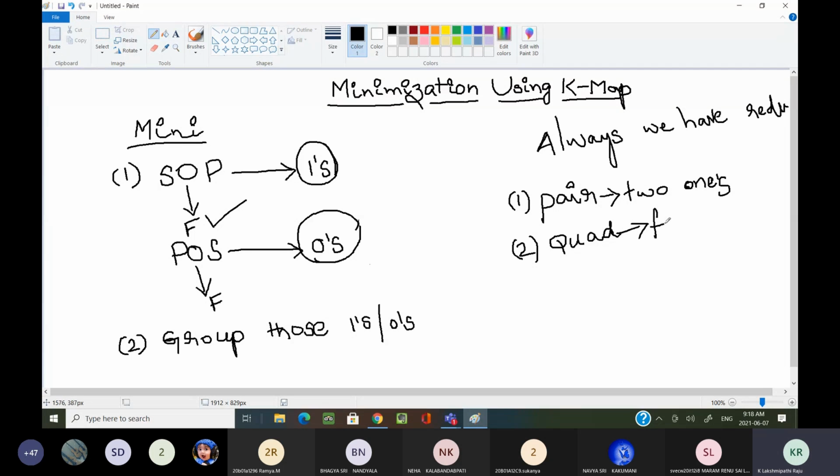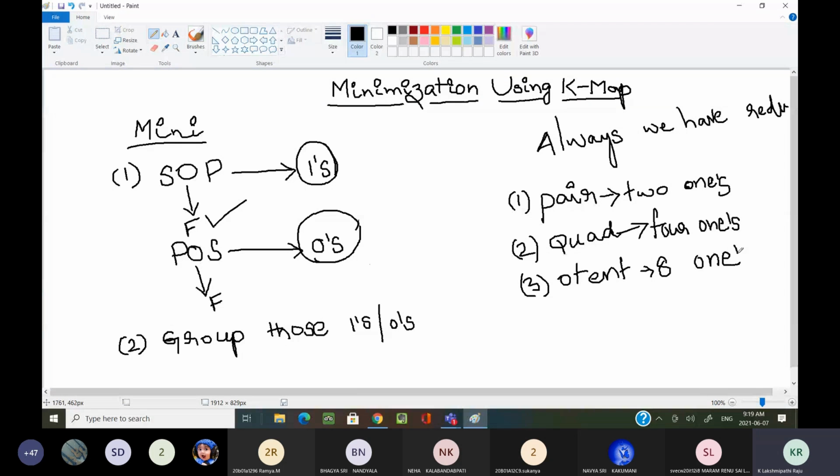Four ones. Here we are grouping four ones. If I am grouping eight ones, that will become an octant. Here we are grouping 8 ones.